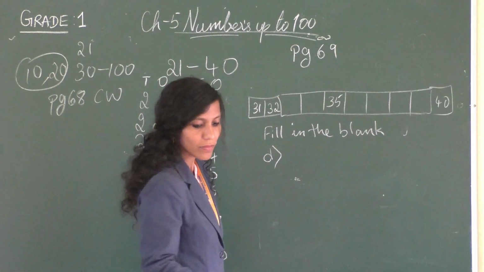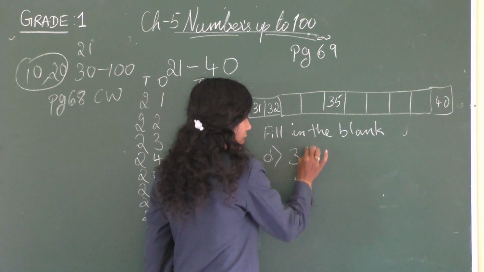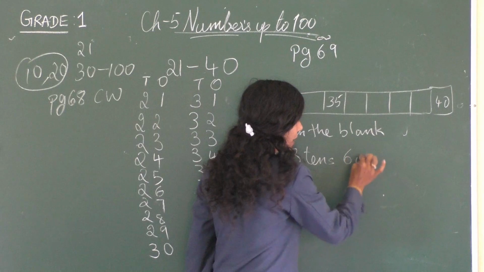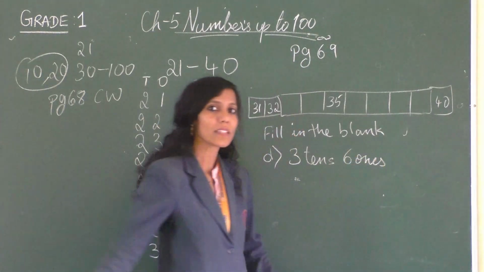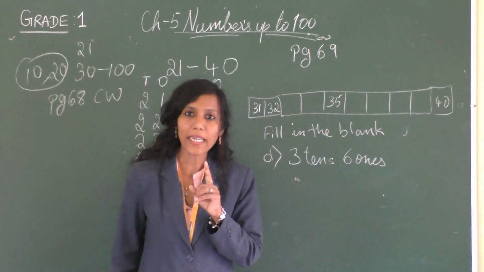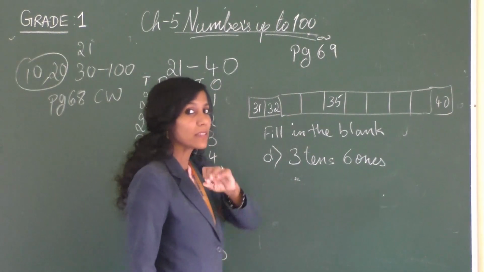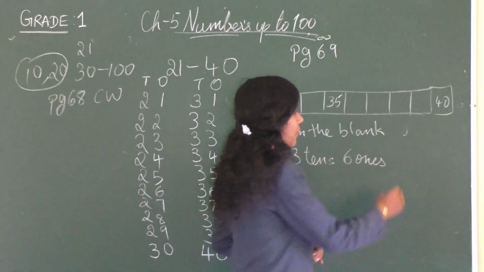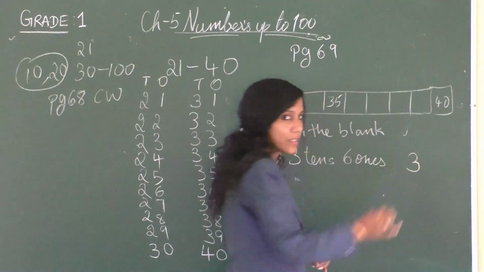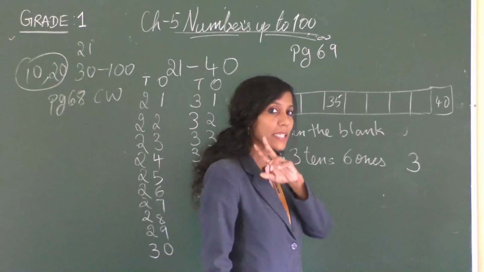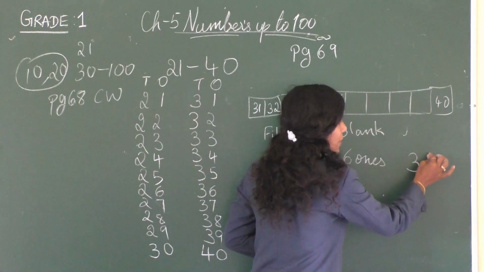Next, they have given the direct opposite. D: 3 tens and 6 ones. 3 tens means 3 bundles of 10, so you write 3. 6 ones, 6 single ones, so you write 6.